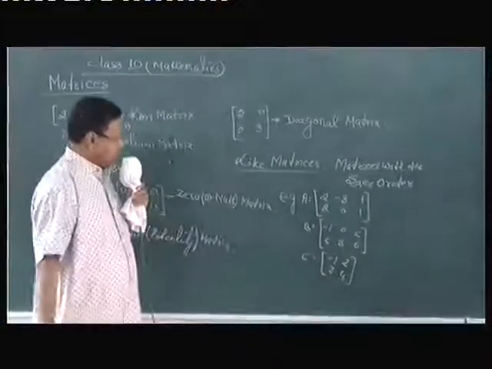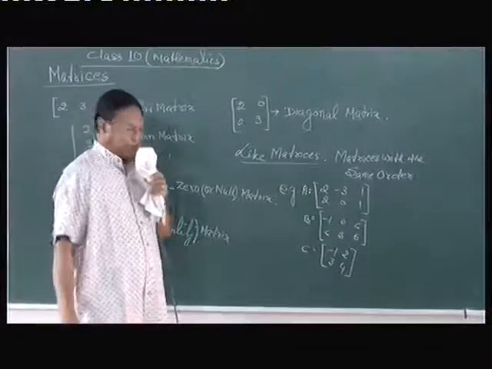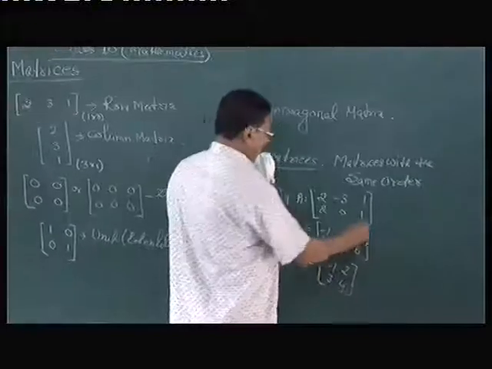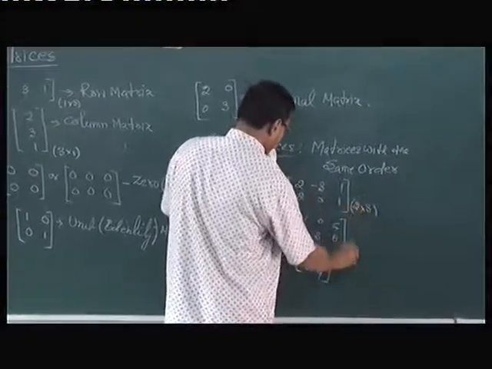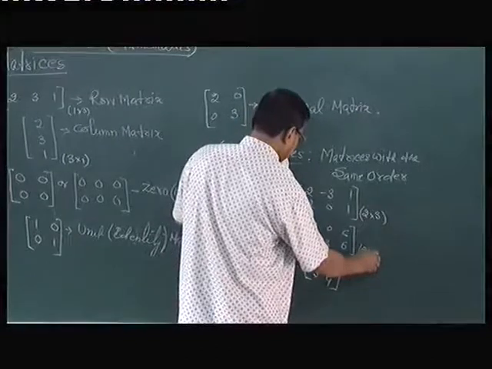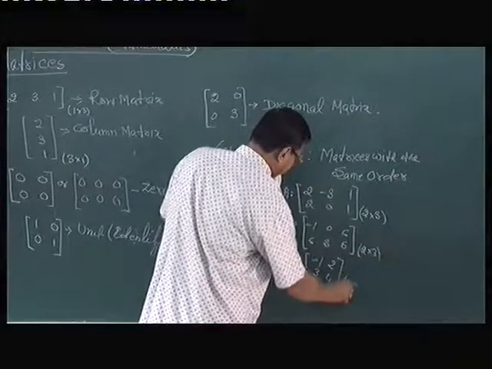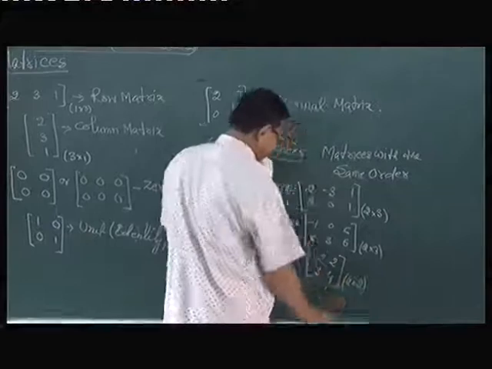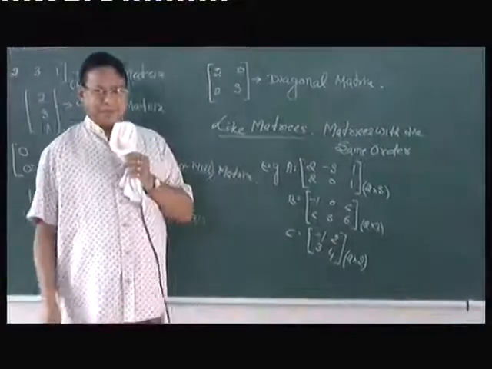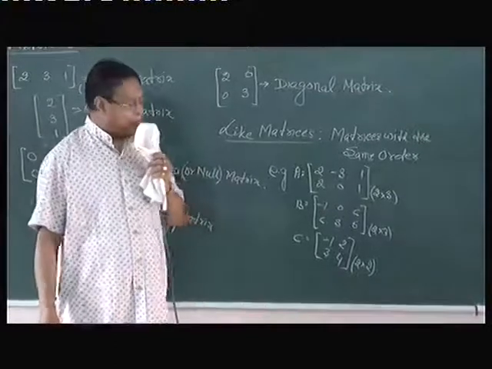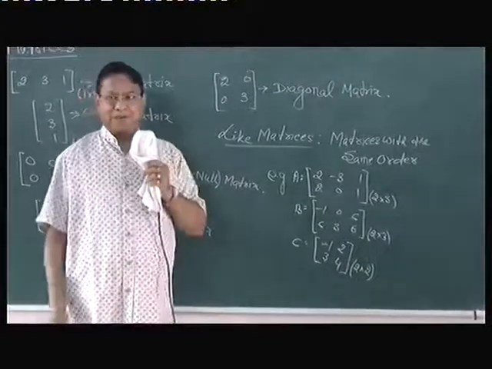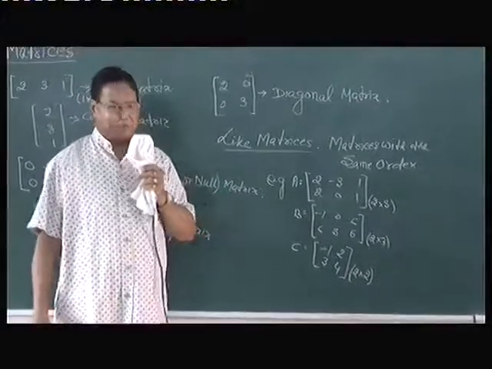See, I have written 3 matrices A, B, and C. The order of A is 2 rows, 3 columns. Order of B, 2 rows, 3 columns. Order of C is 2 by 2, 2 rows, 2 columns. So the number of rows in all 3 is the same. But the number of columns in the third one is not the same as the first 2.